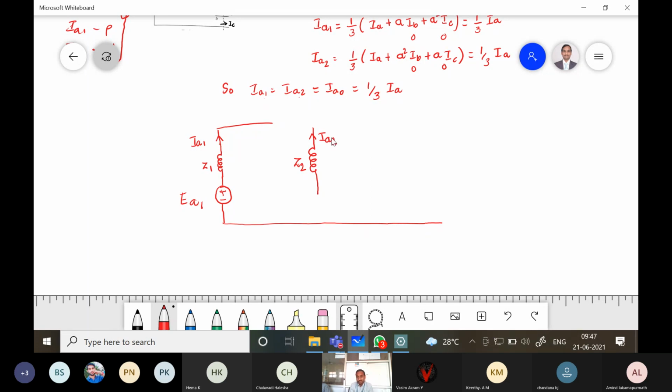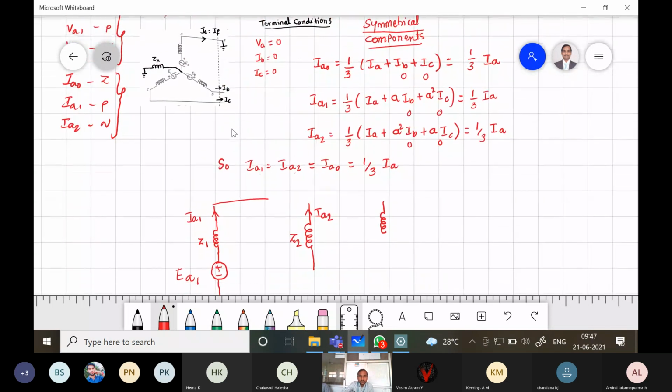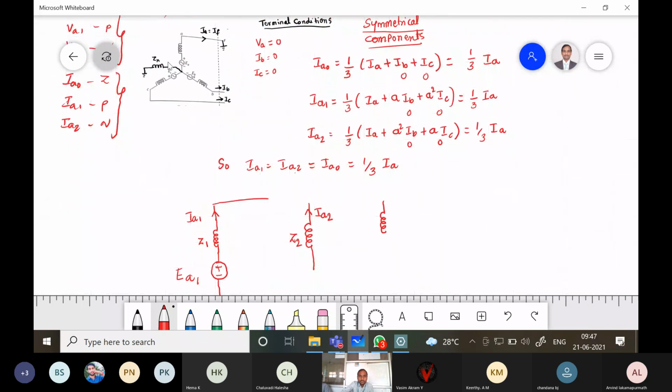Similarly, the zero sequence network. Look at the diagram: there is a neutral impedance Zn also present.